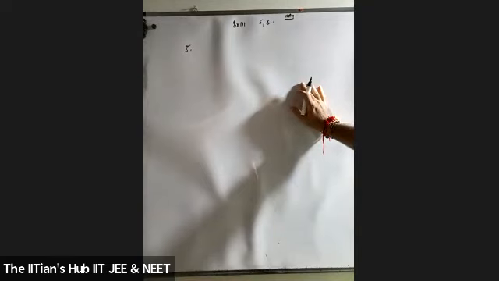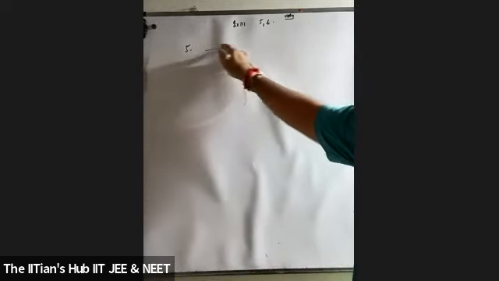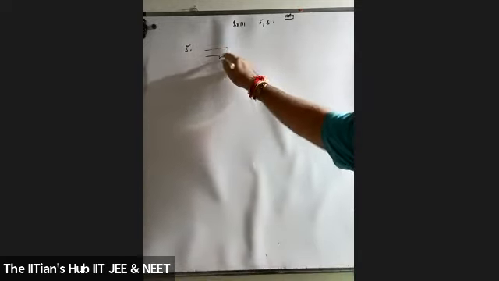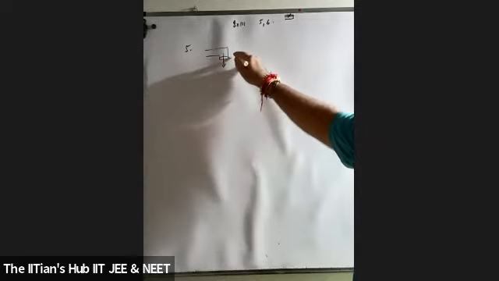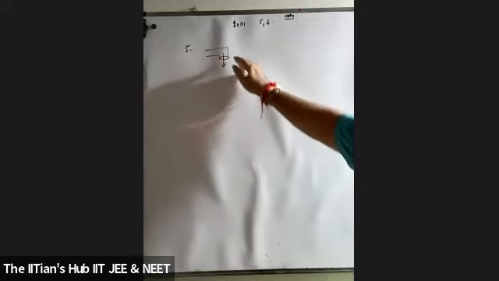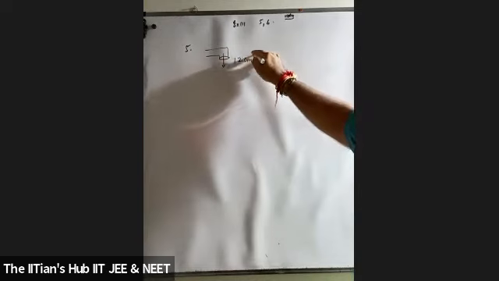If we look into it, students, sand is pouring from a pipe at the rate of 12 centimeter cube per second. Think as if this is a pipe, okay? And the sand is pouring. That means it's pouring at 12 centimeter cube per second.